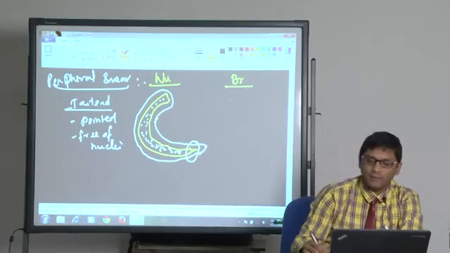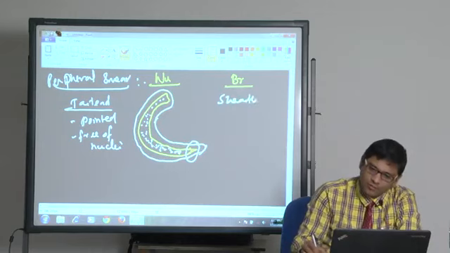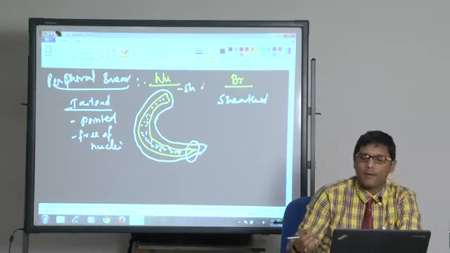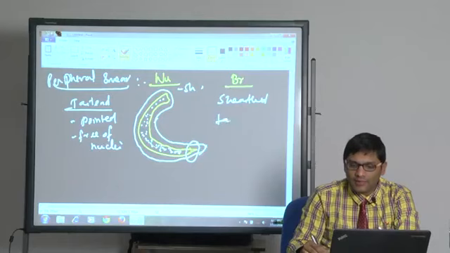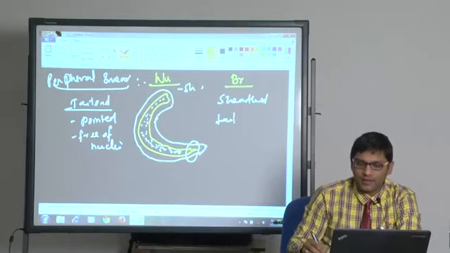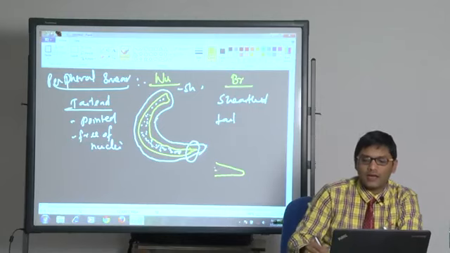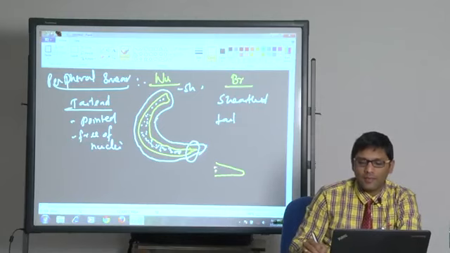Whereas Brugia malayi is also sheathed, both are sheathed, but the tail end is blunt, will be like this, the tail end is blunt and the nuclei are extended till the tail tip.